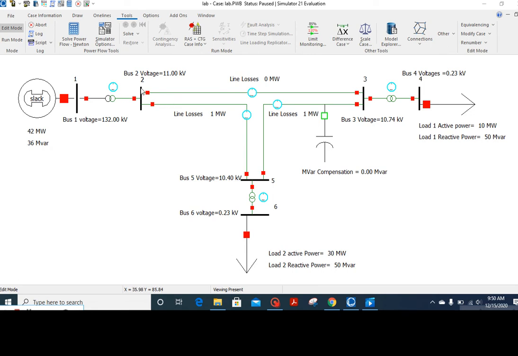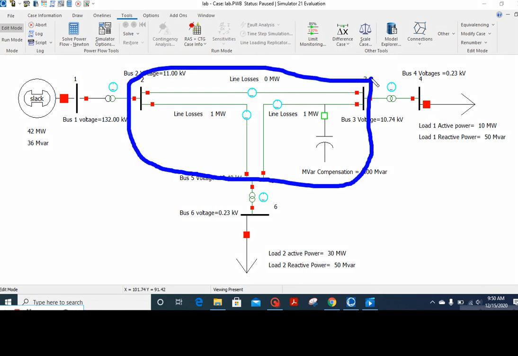After that, from bus number 2 to bus number 3, and the same bus number 2 to bus number 5, and from bus number 3 to bus number 5, we have this whole portion of primary distribution. This is our primary.